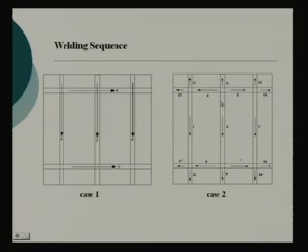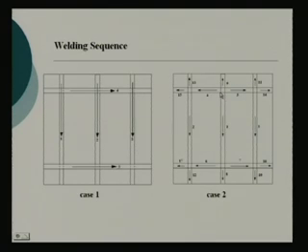Then welding starts from the middle, from the one transverse to the other transverse, 1. Then I go to the other longitudinal, 2, right. Then again I come over to the third longitudinal, 3.